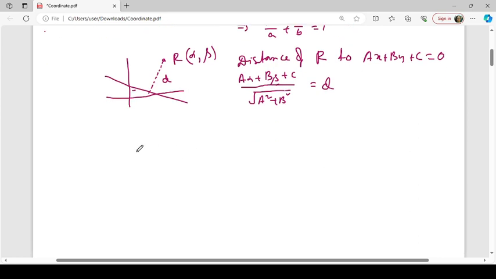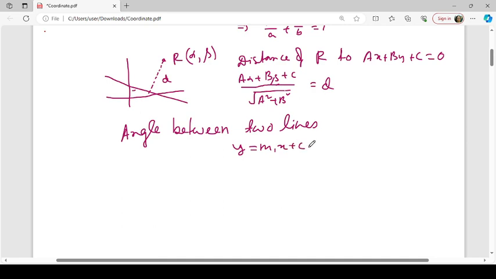And another thing is there, the angle between two lines. We write the two lines in gradient form. So y is equal to m1x plus c1, and another line is y is equal to m2x plus c2.